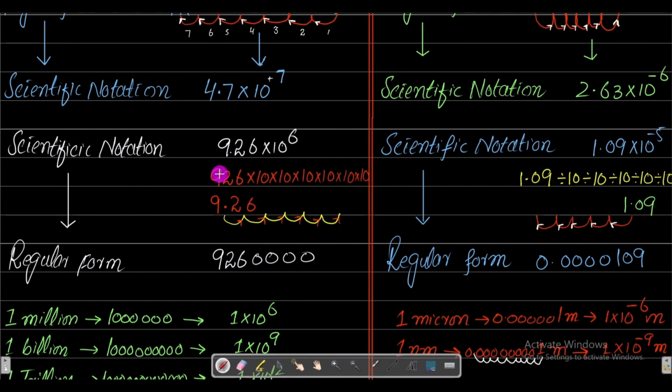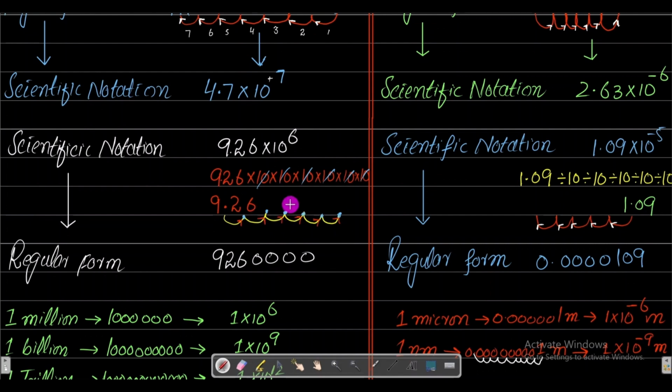For the first step, if we multiply this with the first 10, this point will be shifted here. Then if we multiply this with the second 10, it will take this second step, and now the point will be here. And if we multiply this with this third 10, then one step will be from the left to the right. Similarly, for each 10, we will take one step here to the right. And now we reach here.